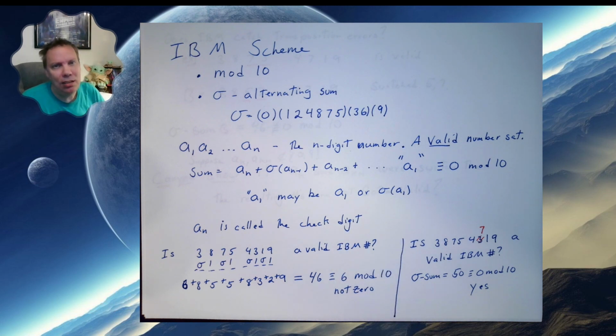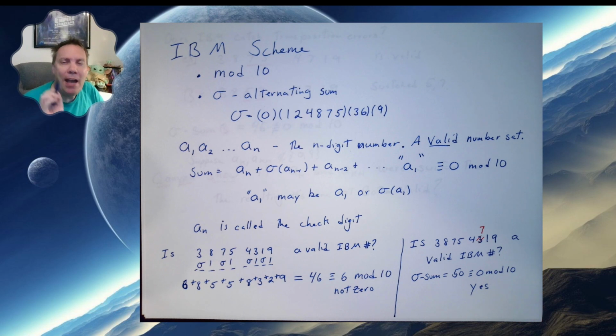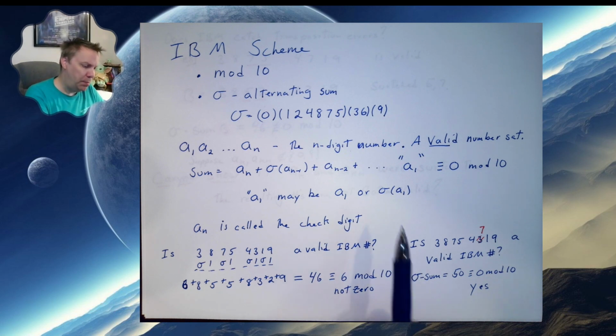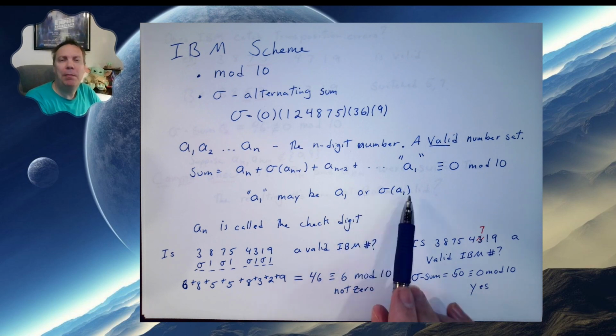It depends on if n is even or odd. Now, the way I wrote this, the last digit, the check digit, AN, never ever has a sigma attached to it. But depending if n is even or odd, it's going to affect what's happening to the first digit.